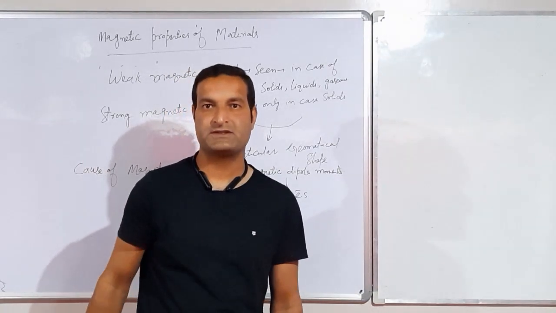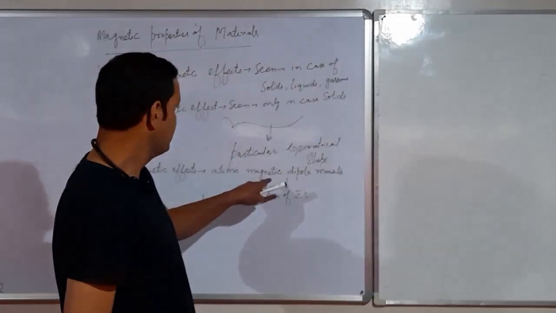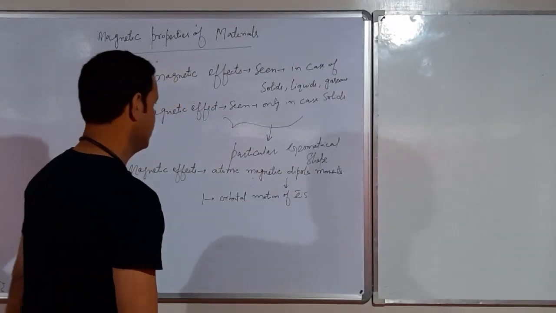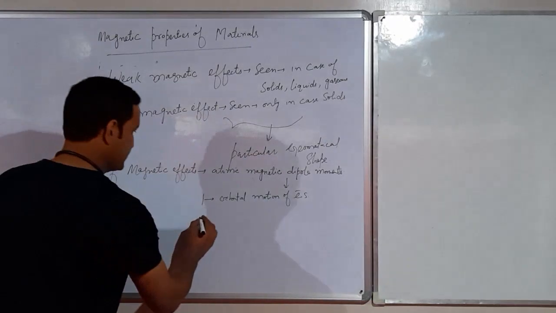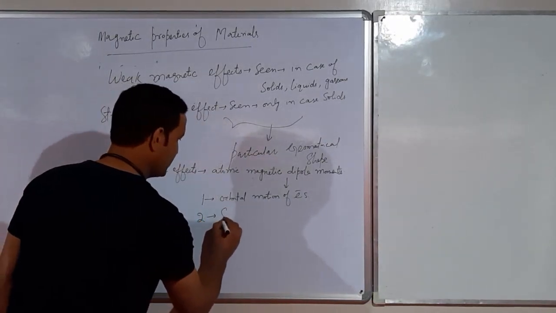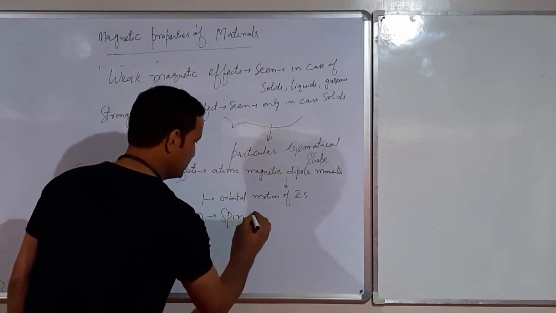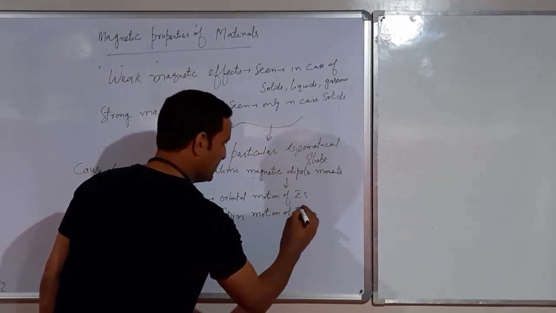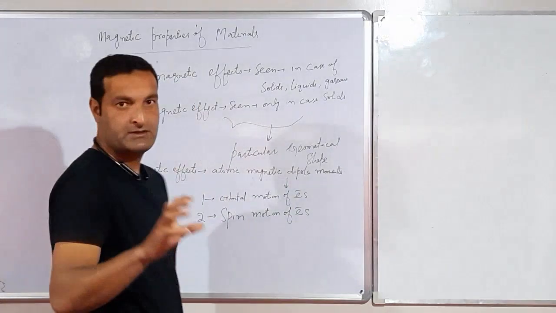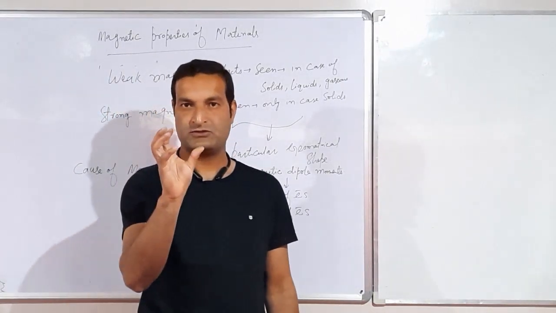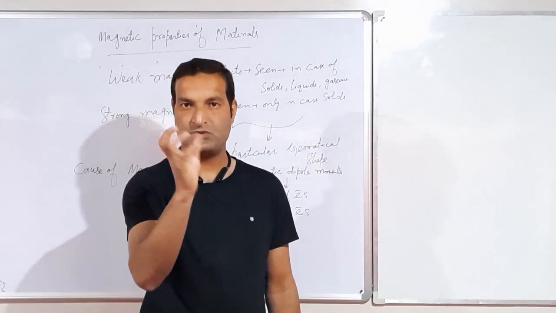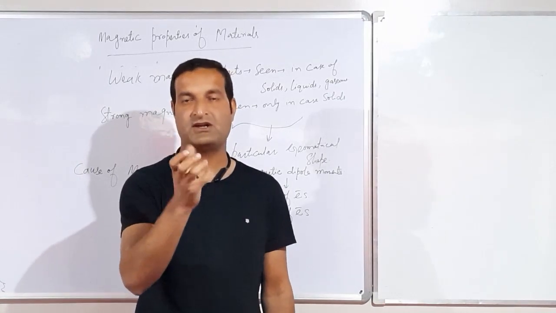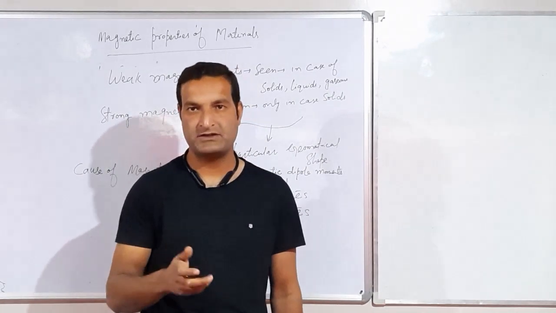The second is the spin motion of electrons: the electron spins about its own axis, which also gives rise to a magnetic moment.